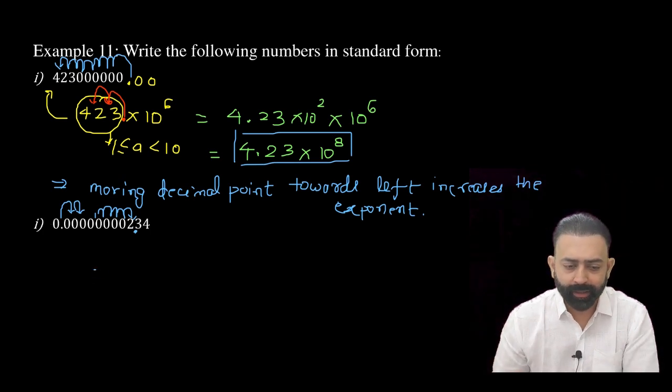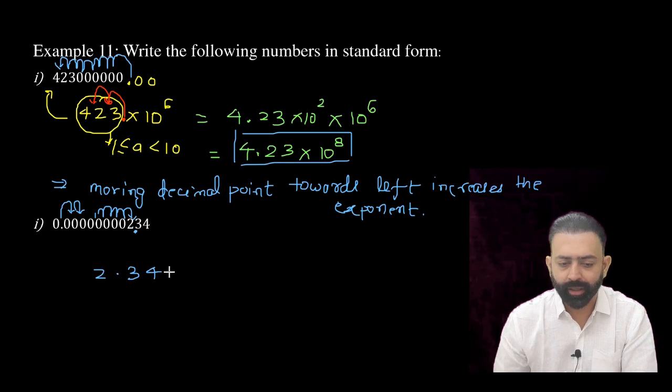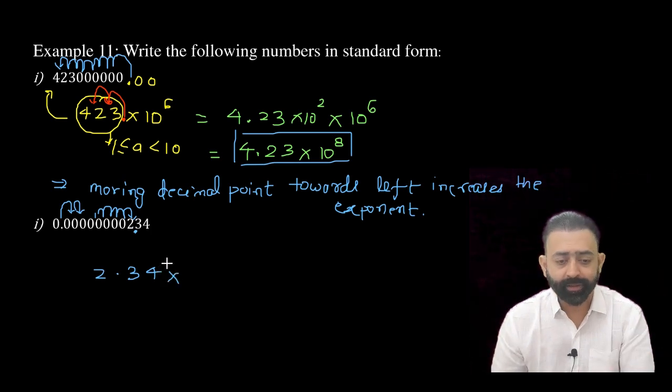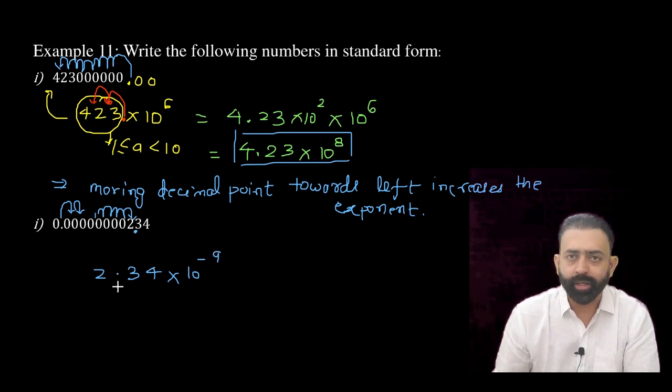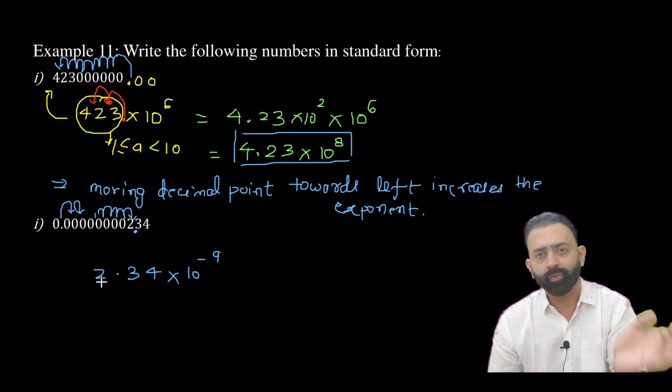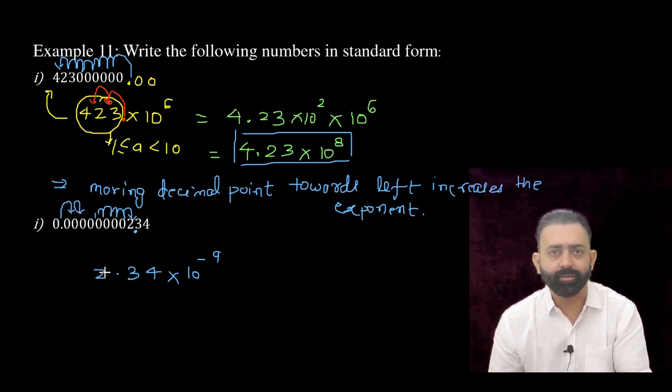Right, so I will write this as 2.34. This decimal point has been shifted 9 places. It becomes 2.34, and since it has shifted 9 places towards right, I need to write this with a negative exponent. Okay, so moving a decimal point towards right, the exponent will decrease by 1, right?